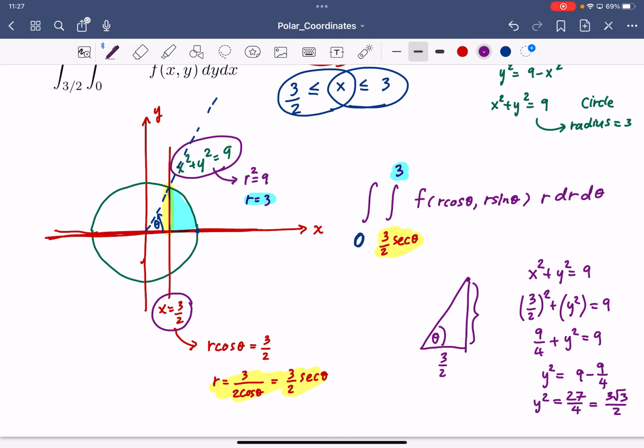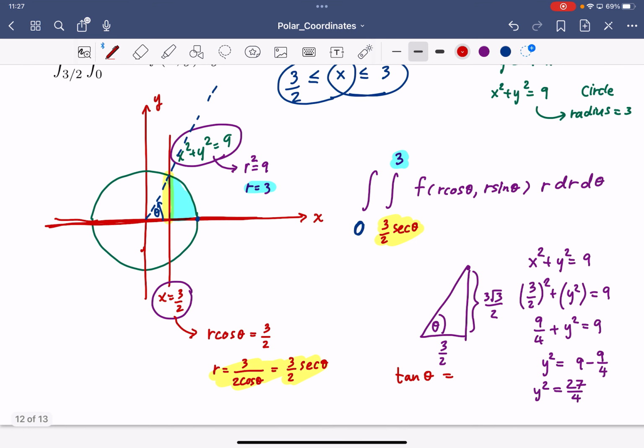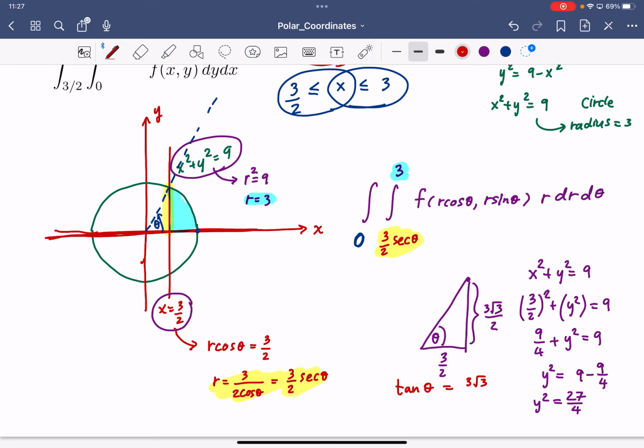Oh, sorry, that's y squared. So just y, this is 3 square root 3 over 2, because if you square it, you're gonna get 27 over 4. Which means you have that tan theta equal to 3 square root 3 over 2 over 3 over 2. Tan theta equal to square root 3, right? And then at the end, you're gonna have that theta equal to 60 degrees or pi over 3.